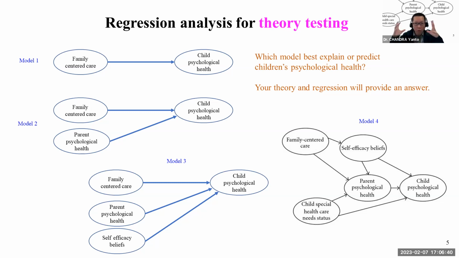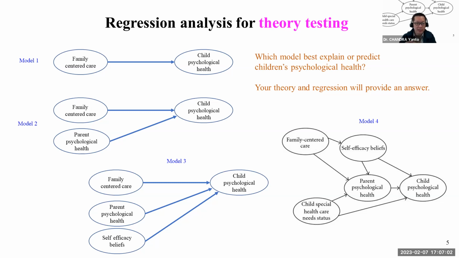And then you have an even more complex one after reading more, and maybe you have done some pilot study, a very small study, and you come up with model 4, which is more complicated, in which you think that the parent's psychological health is not just an independent variable, but it becomes a mediator.